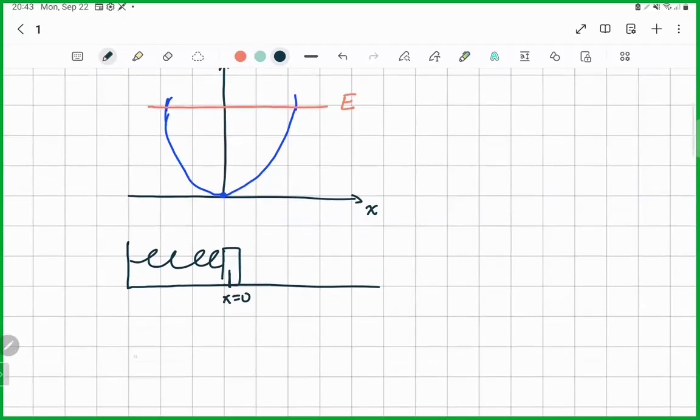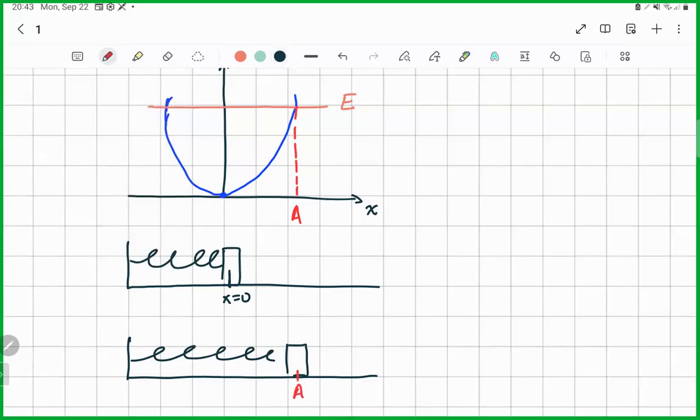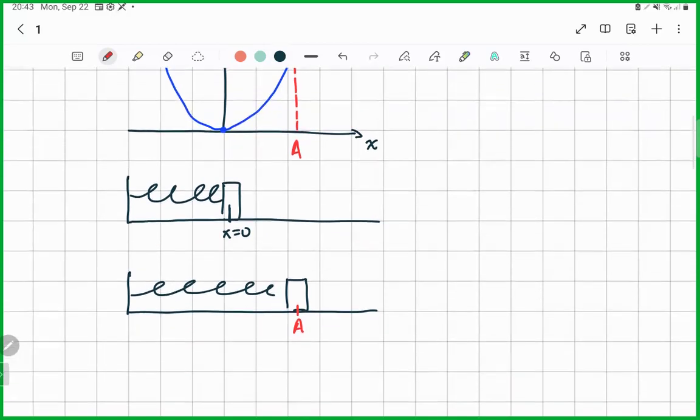But if I give some energy and I stretch it, I'll stretch it up to this amplitude A, because the amplitude is determined by the energy for stretching it. If I stretch it and put it here at this position A, which is the amplitude of this motion, this box will start moving back and forth.